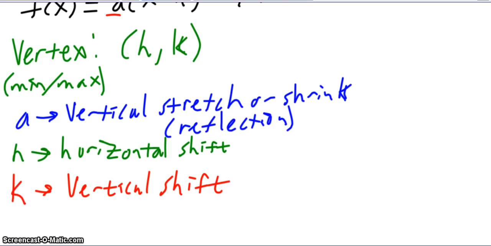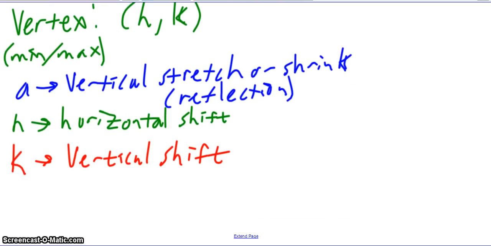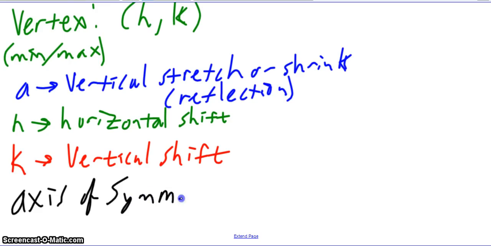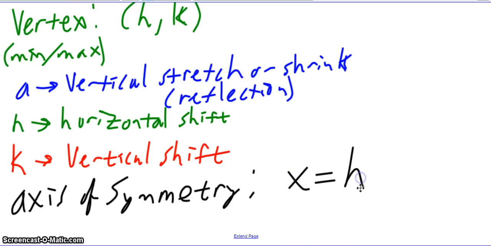We also have what's called an axis of symmetry. Because it's a parabola, we know it's symmetrical. And the axis of symmetry is going to be the vertical line x equals h.